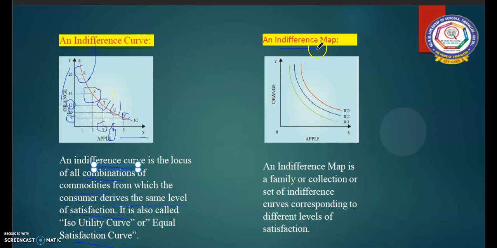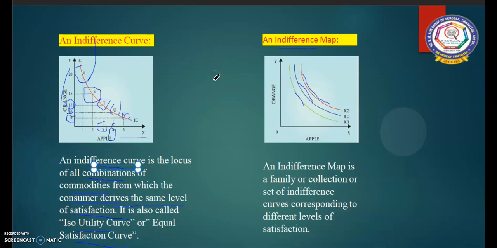Now indifference map. Now here you can see three different curves. All these are indifference curves, that is indifference curve 1, indifference curve 2, indifference curve 3.